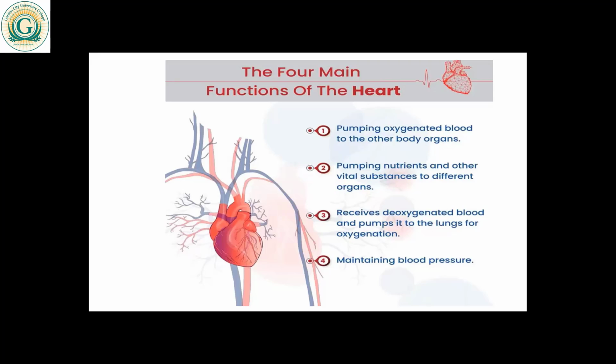This same heart pumps blood containing nutrients and other vital substances to different organs. This same heart also receives deoxygenated blood, that is blood that is less saturated with oxygen. So you have less saturation of oxygen in deoxygenated blood that travels to the heart and is pumped to the lungs to receive oxygen.